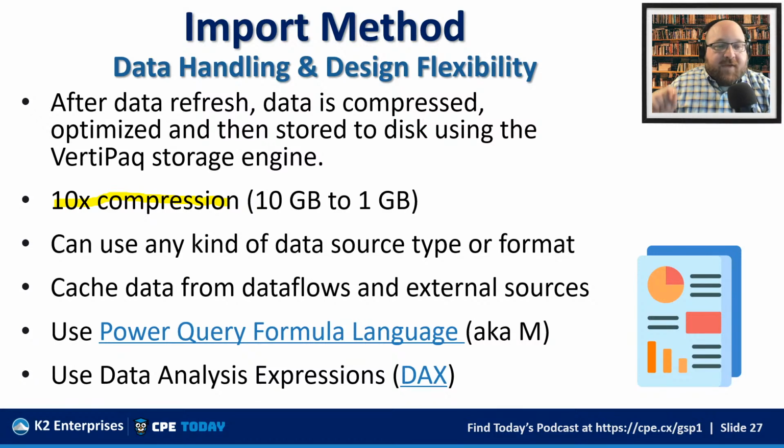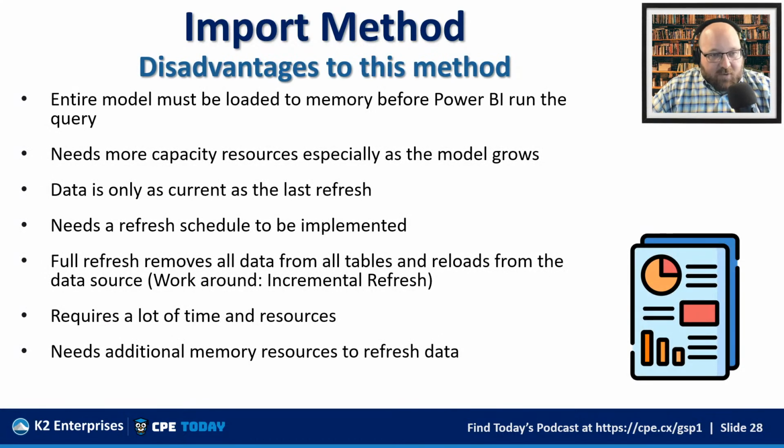If you had 40 gigs of data, you could expect that to be about 4 gigs of a PBIX file, if you were using that import method. So you could see that would really start to not be great as your data sets grow, and that's really the main reason why people graduate out of that import method. My data is too big, it's too slow, and it just starts eating up a lot of resources.